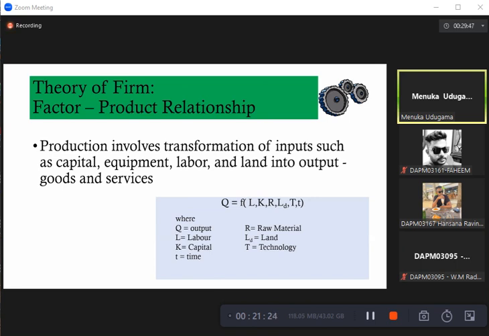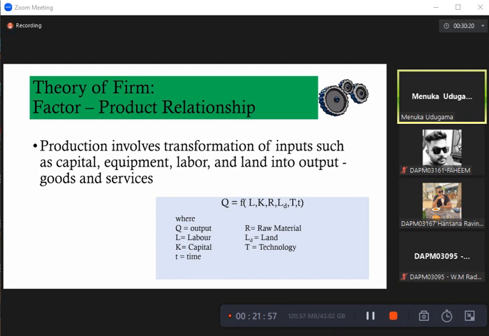When we try to discuss the theory of firm, we try to look at three types of relationships. Now we know that what happens inside a firm is that goods and services are produced, right, using resources. What are the resources? In economics, we call them factors of production: land, labor, capital, and management, or entrepreneurship. So we use these four factors of production and transform the factors into goods and services in a firm, right?